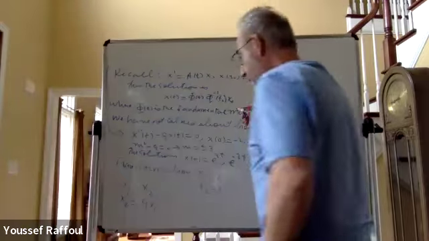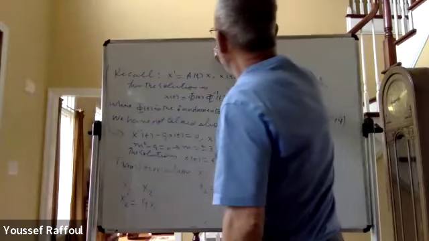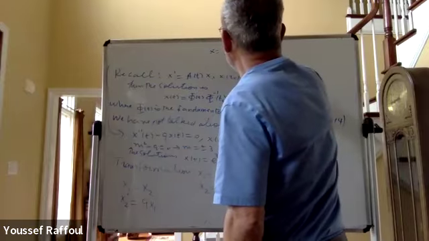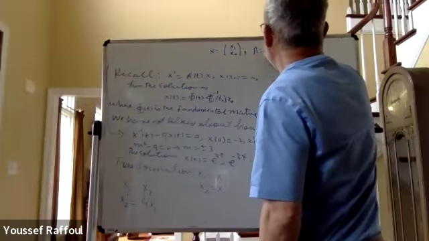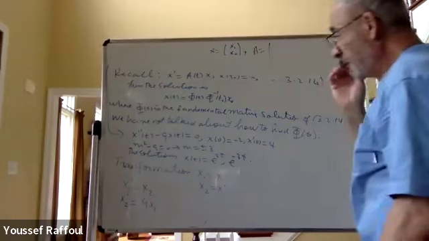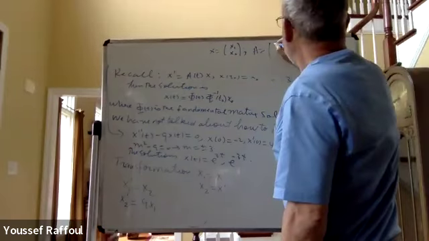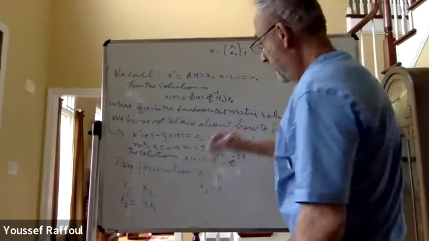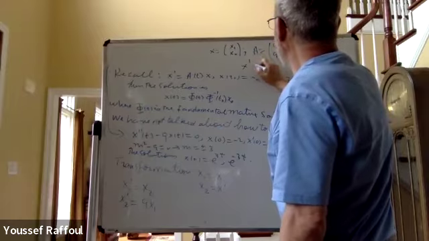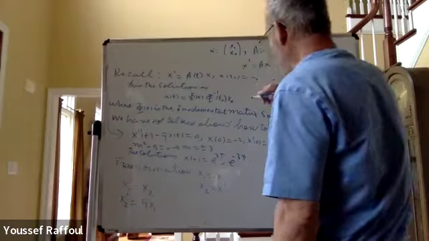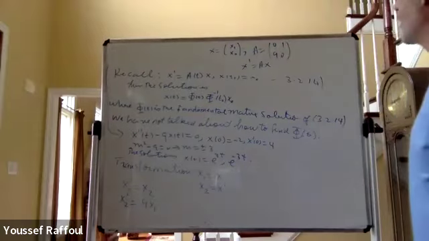So we can write the system if we let x equal x1, x2, and A is 0, 1, 9, 0, then we have x prime equal Ax. Correct?